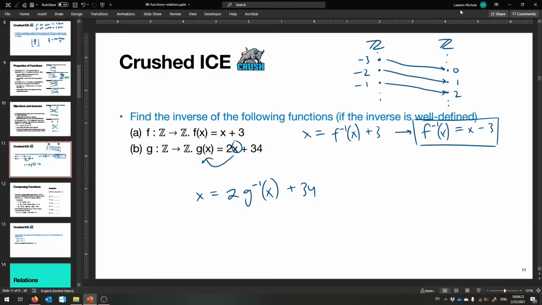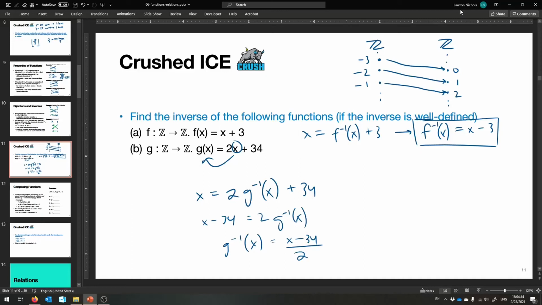So x minus 34 equals 2 g inverse of x, and then g inverse of x is therefore equal to (x minus 34) over 2. Oh, wait a second.